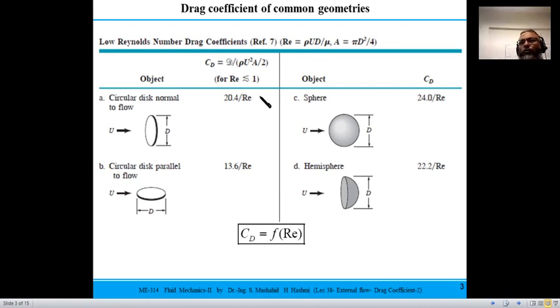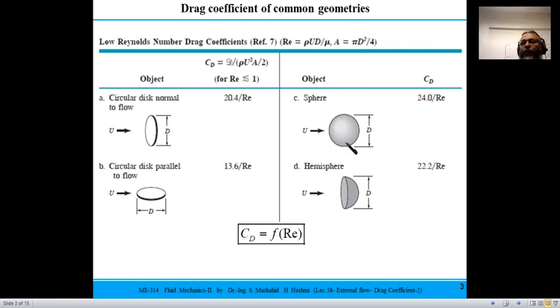The same is true in this case as well, and we can see the drag coefficient drops further if instead of a vertical plate you have a horizontal plate. In this case, friction and pressure components both take part, whereas in the flat plate the pressure component is not that significant compared with the friction component of the drag.